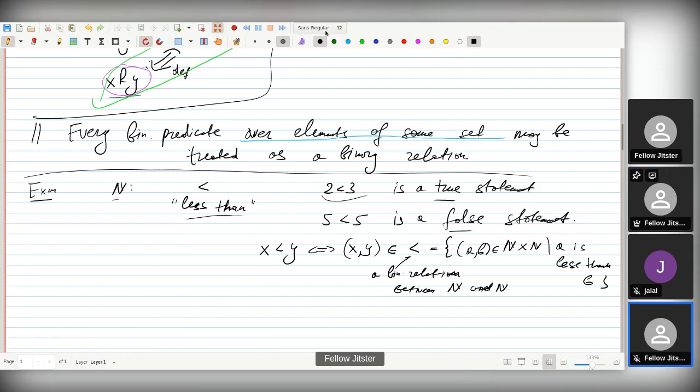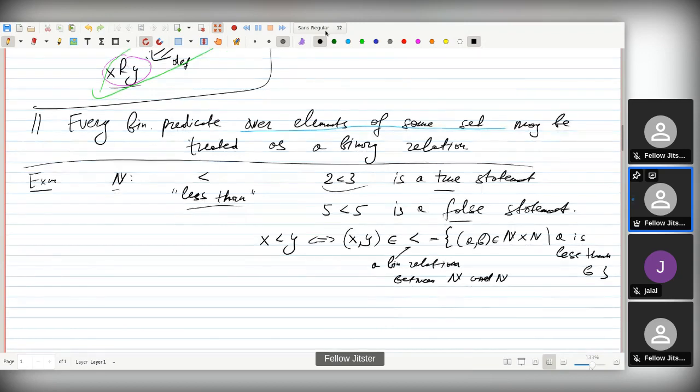So now effectively we can treat every binary predicate as a binary relation, as a set. So we can apply set theoretic operations to this former predicate, that is, to our newly obtained set of pairs.